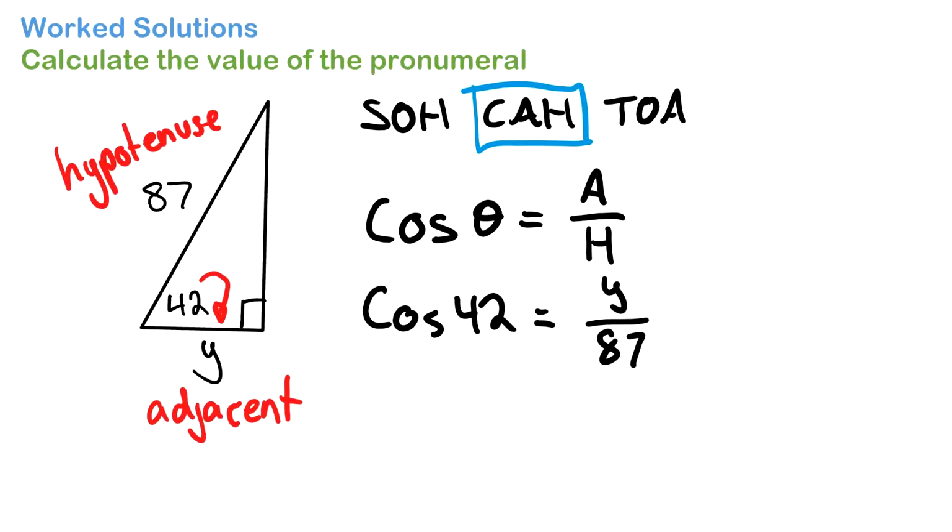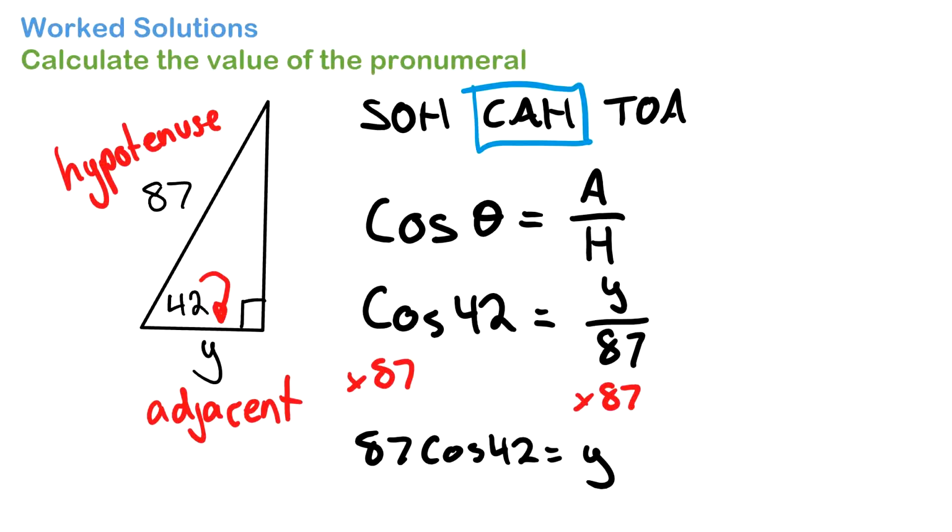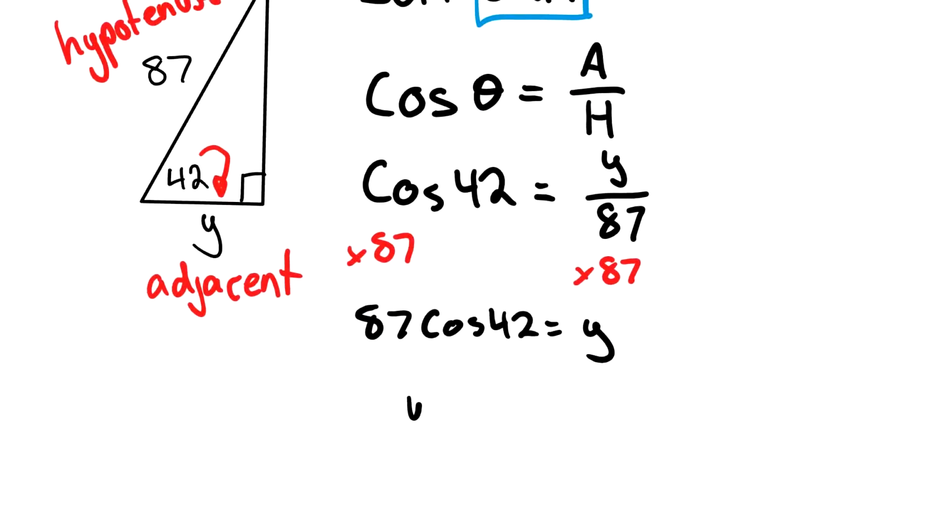I have divided by 87 here, so I'm going to times by 87 to both sides. What I'm left with is 87 cos 42 equals y. If you put that into a calculator, your y comes out at 64.7 centimeters. I didn't put it over here, but these were centimeters, so it's important to make sure you do have your units there.